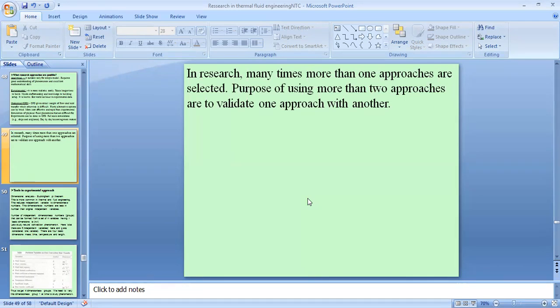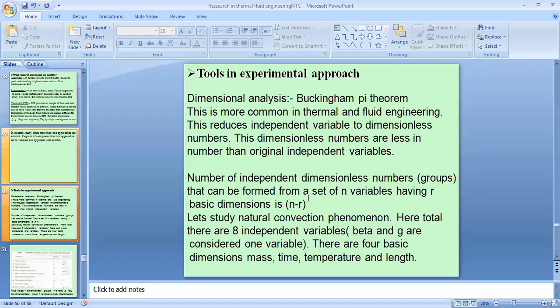When you use experiment, we should cross check with numerical. When we do numerical, we should cross check with experimental. Now, you are new to this field, and whatever I am telling may sometimes be very mathematical or related to mechanical, but it is applicable to the majority of fields. So don't worry about the complexity.